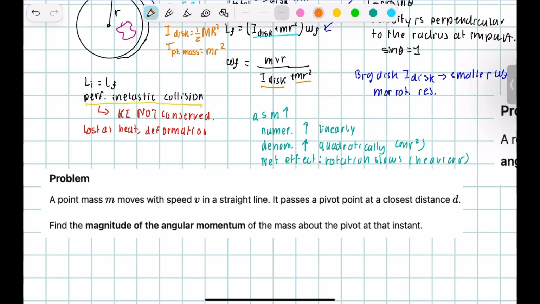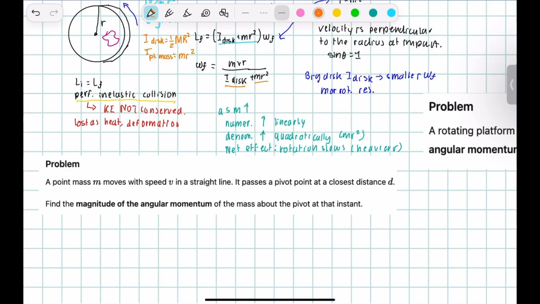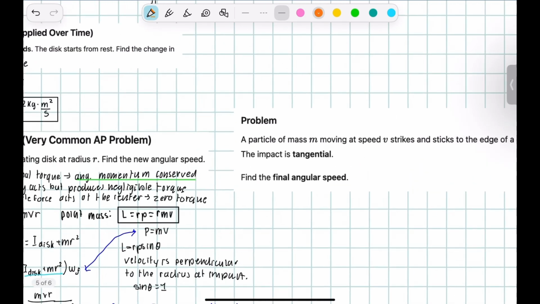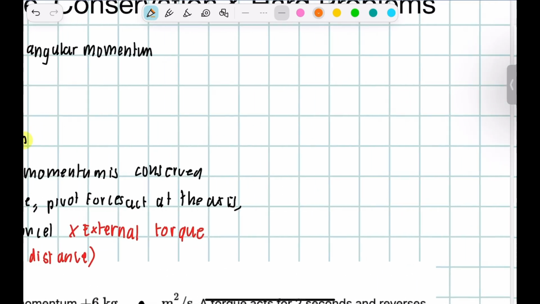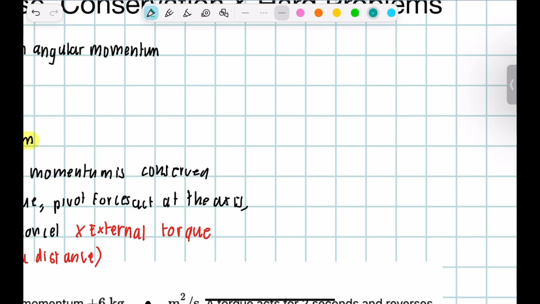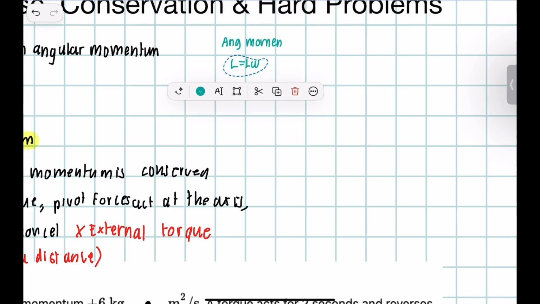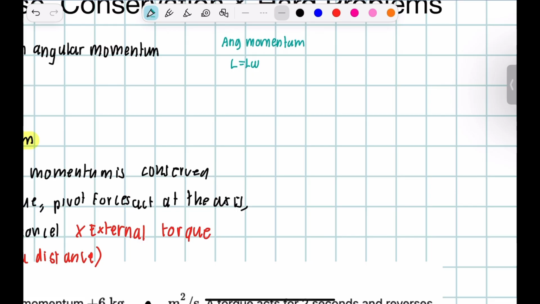So let's continue with writing some of the key equations that we just used. Equation forms that you'll need: L is equal to I omega for angular momentum, and this is for rotating rigid bodies.